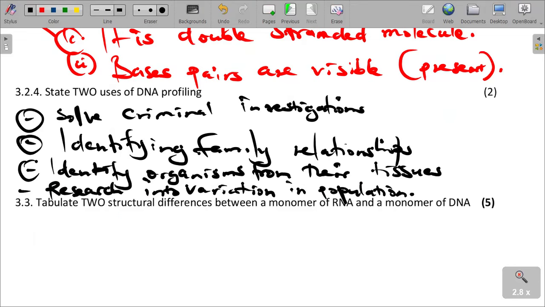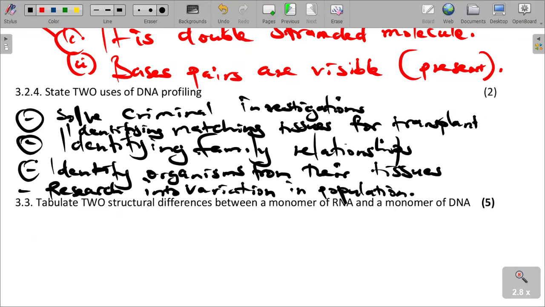That is one other use. And then we can also use it in testing specific alleles that can cause a genetic problem, or matching tissues for transplant. Identifying matching tissues for transplant can be done through DNA profiling.